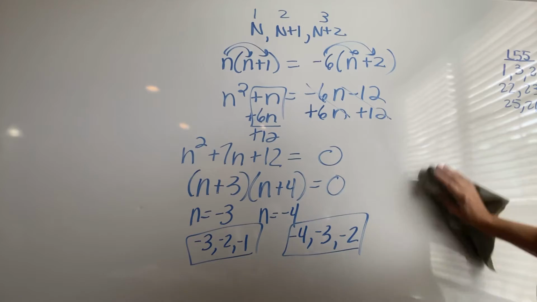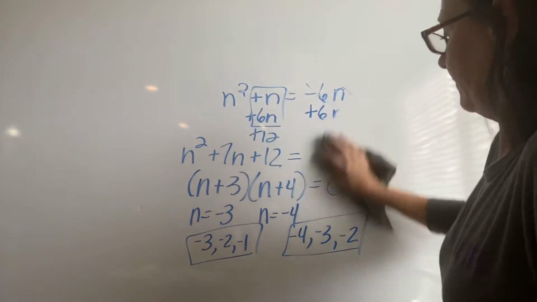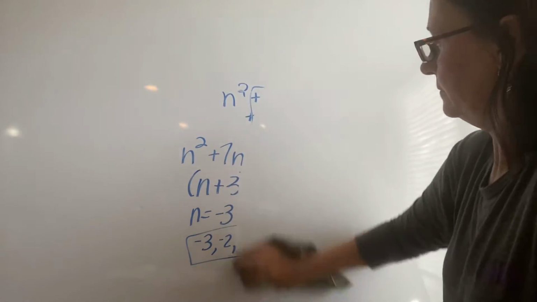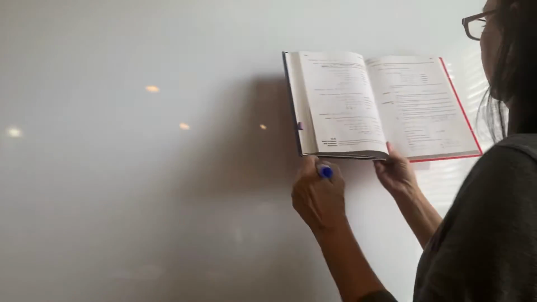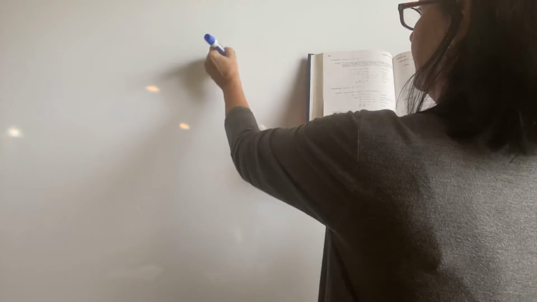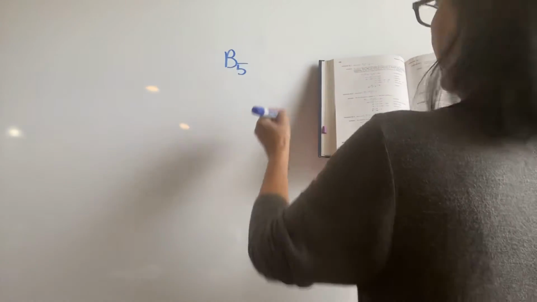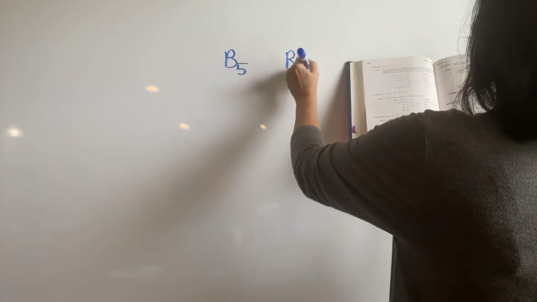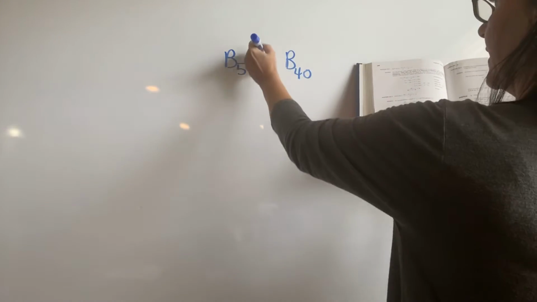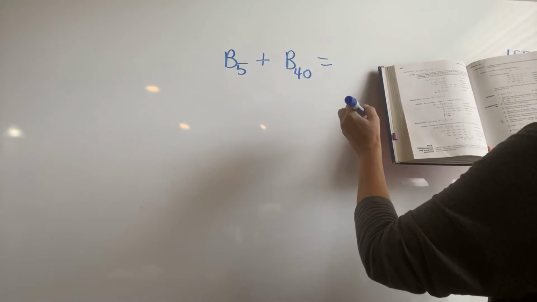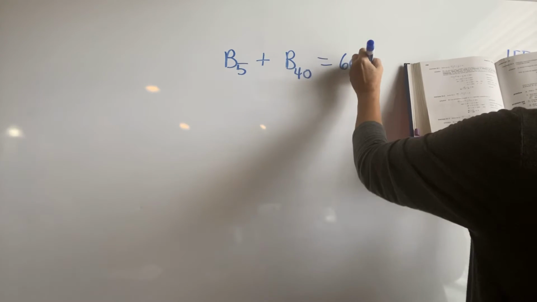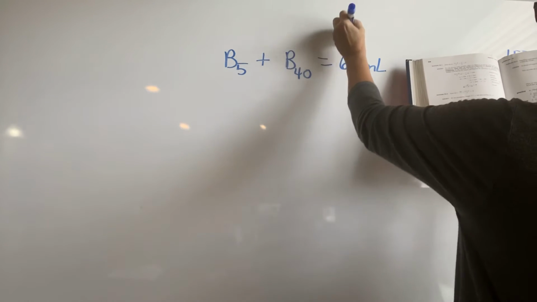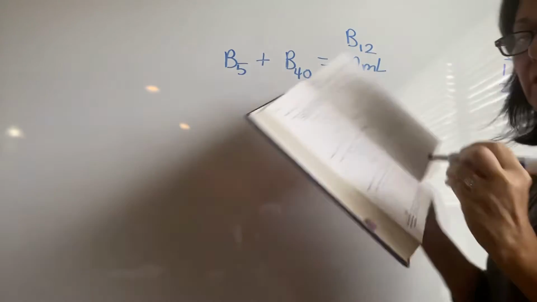Problem 1. Problem 3 from lesson 55. One solution was bromide 5%. The other was bromide 40%. How much of each shall we use so we get 60 milliliters of a solution that is bromide 12%?